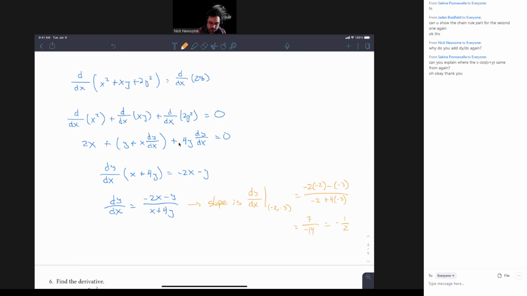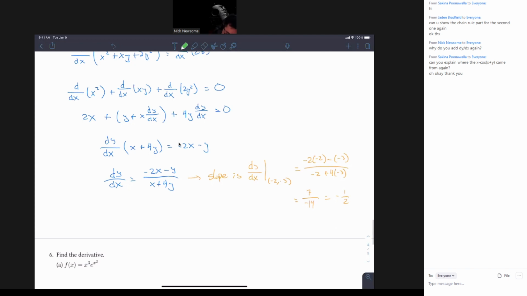So now I have a slope, I have a point. So the equation of my line: y minus -3 is equal to -1/2 times x minus -2.